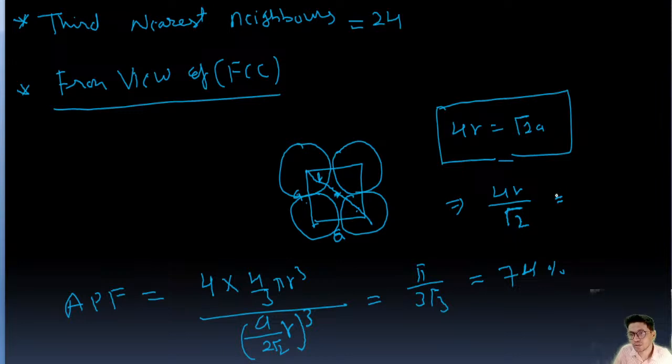So from here we can get the value of A, put the value, and we are going to get 74%, guys.